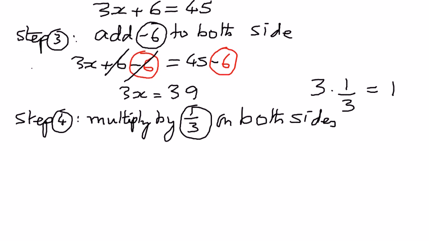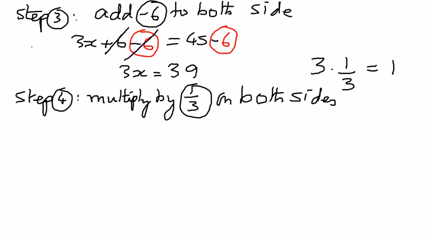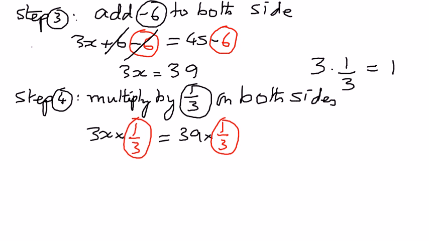And how do we write that? We can write that as follows. 3x times 1 over 3 is equal to 39 times 1 over 3. I put a circle around the number we have introduced. That way there is no confusion, and there is no imbalance in the equation.